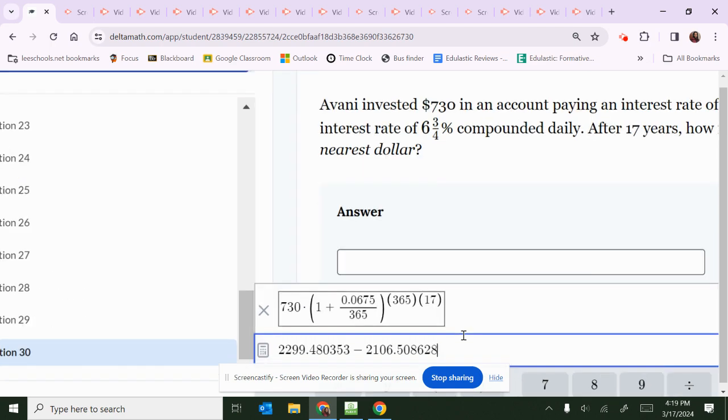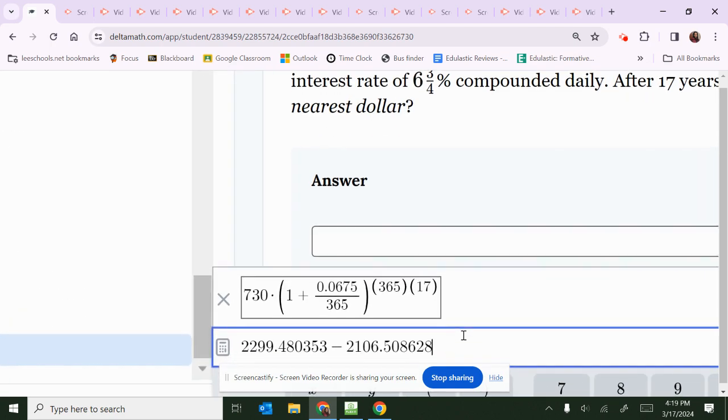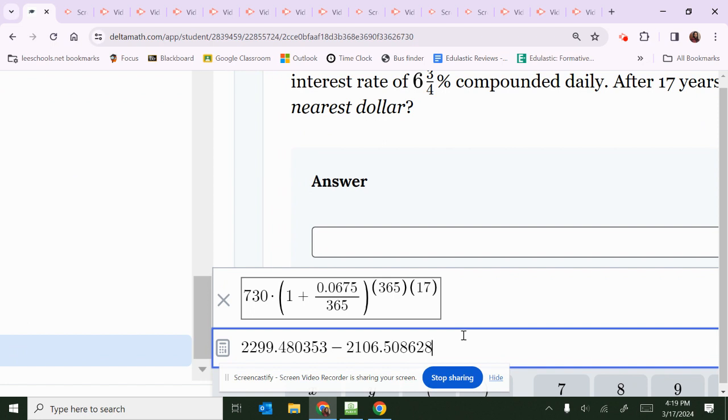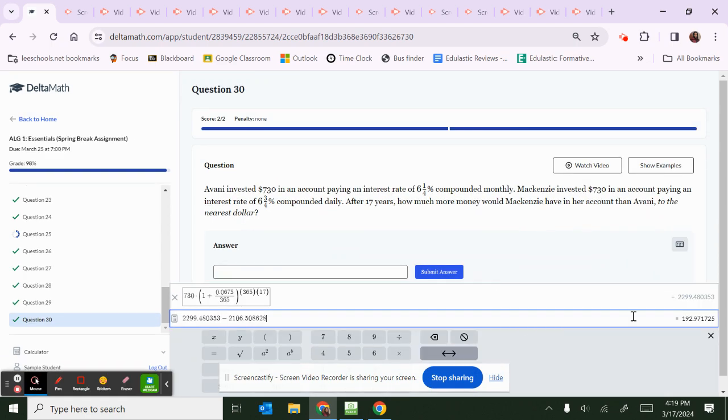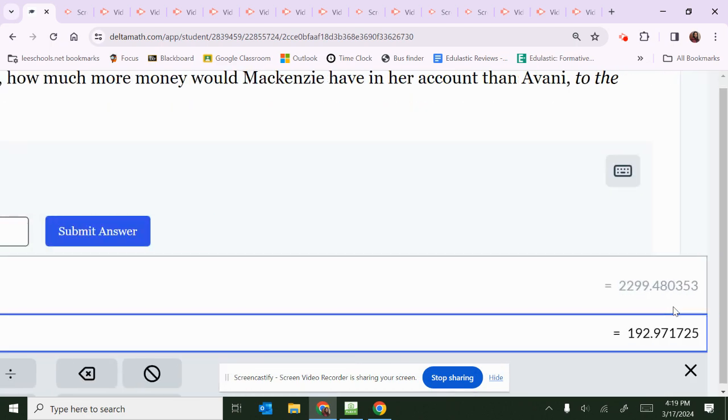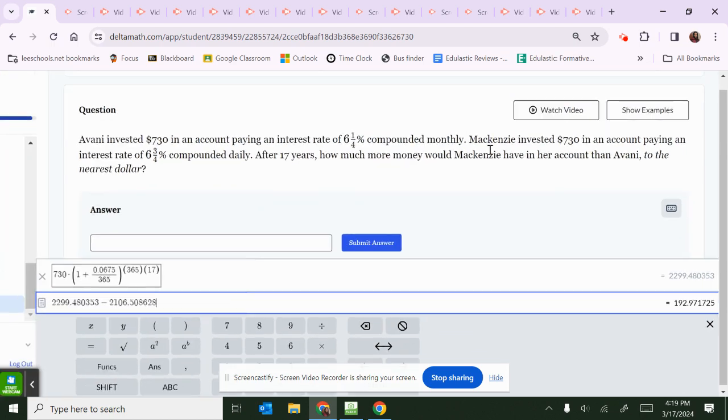Let me make sure that everything looks accurate. 2299.480353, then 2106.508628. Yep. And I got 192.9711725, but it says round to the nearest what?